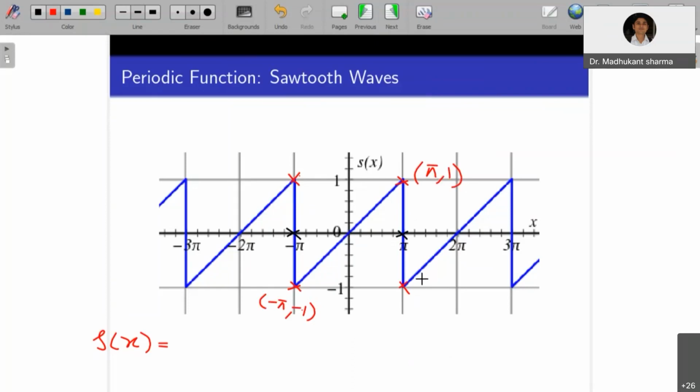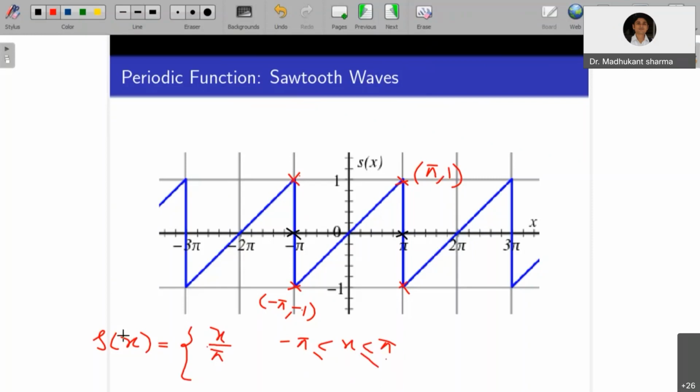You can find the equation of the straight line passing through these, passing through the origin. So s of x equals x by pi, for x between minus pi and pi, less than or equal to. So at x equals minus pi, s of x is minus 1.